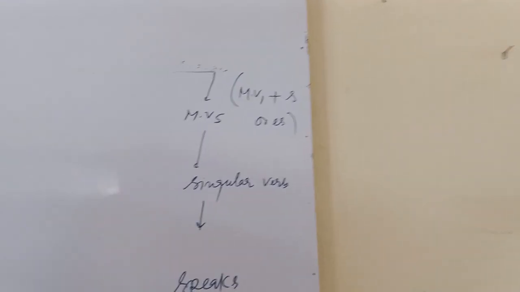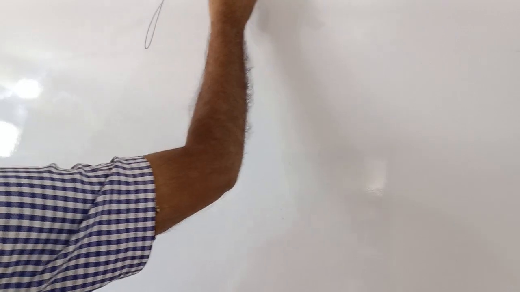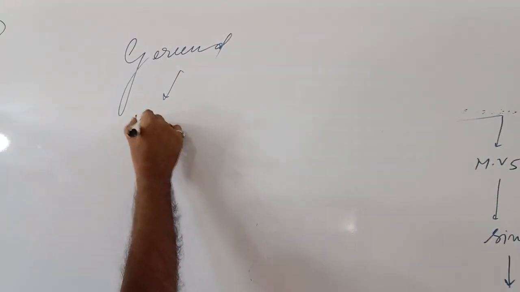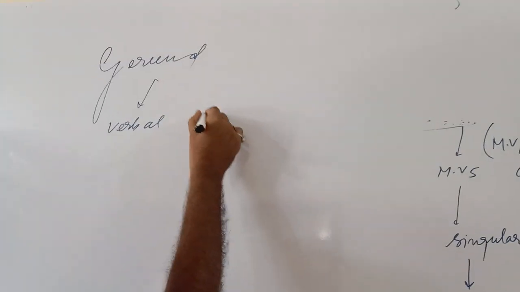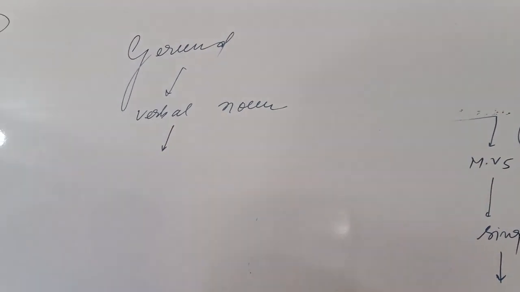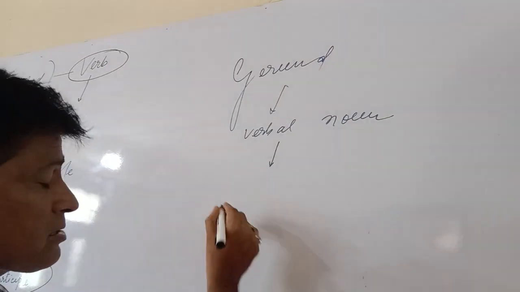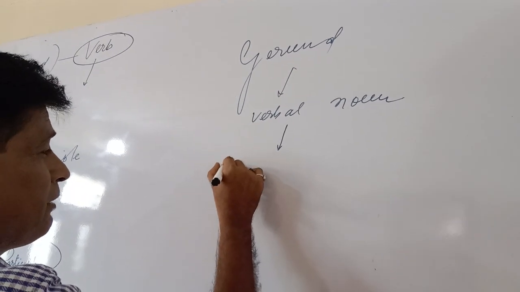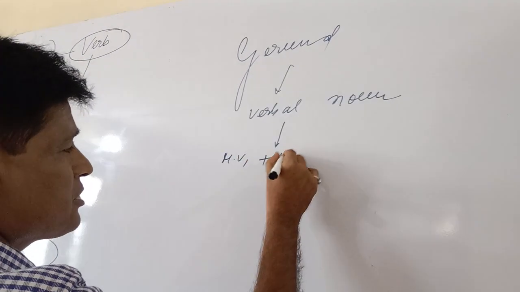What is gerund? Gerund is called verbal noun. It is generated from the main verb but doesn't work as a verb, like main verb 1 plus ing.